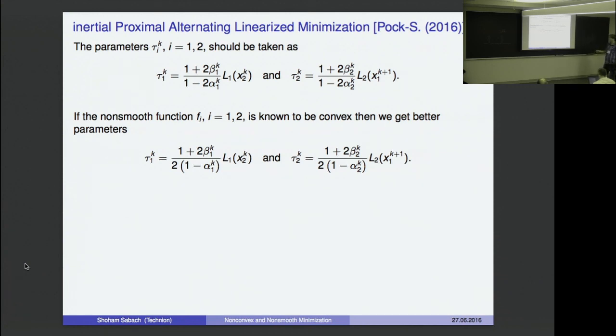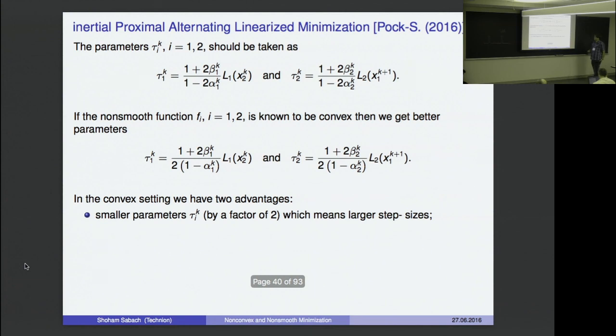First of all, as you can see, I have a factor of 2 in front of the parameter, so the parameter tau is smaller by a factor of 2, which means that I can take twice as large steps in the algorithm because the step size is 1/tau. And more than that, you can see that here I have only 1 minus alpha, so I can take alpha in the extended interval of 0 to 1 and not restrict myself to 0 to 1/2. So we get two advantages if we have convexity, and it makes sense. No free lunch. Non-convex, it's complicated.